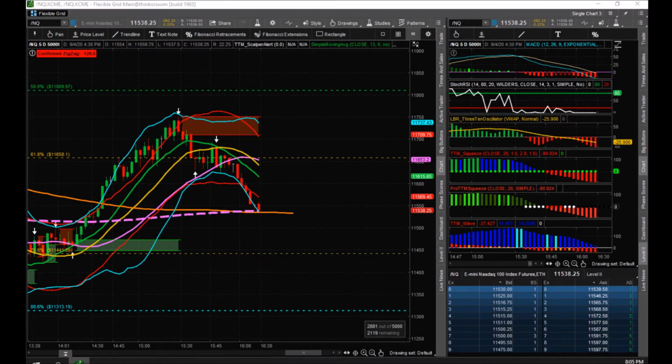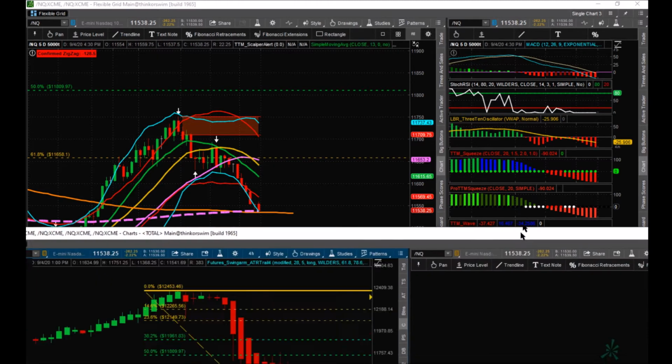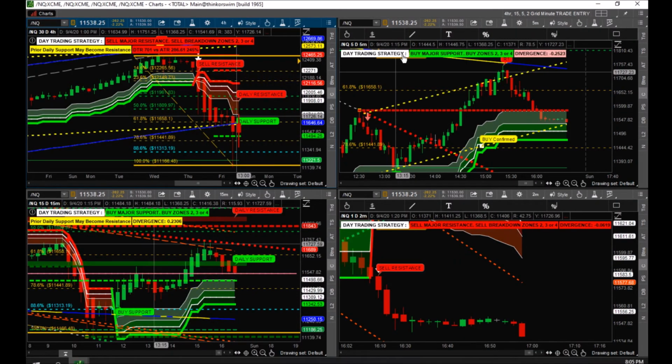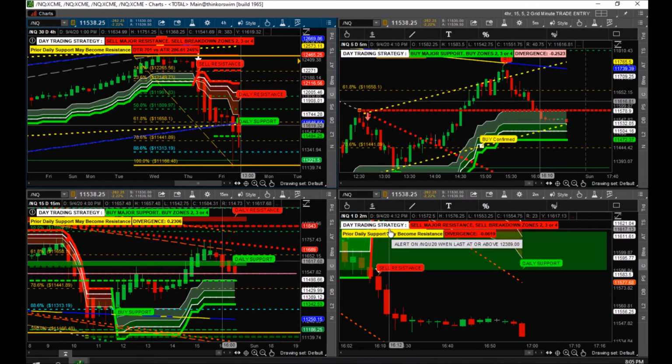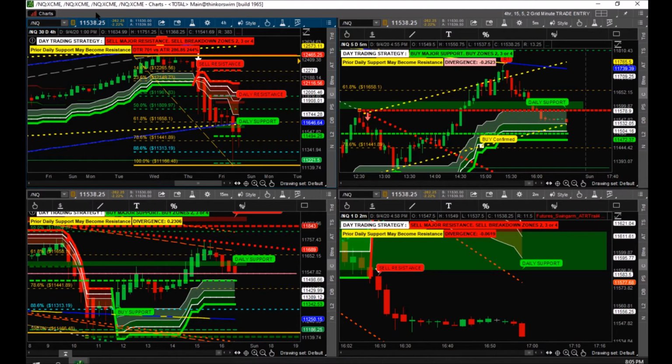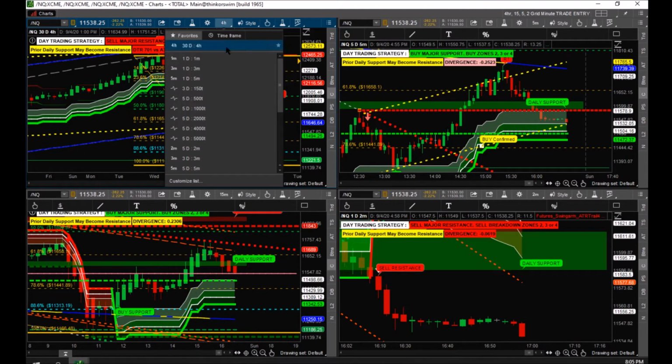I'm not going to share this indicator because I actually pay for it. But this is a screen that I have. This is what you could do.